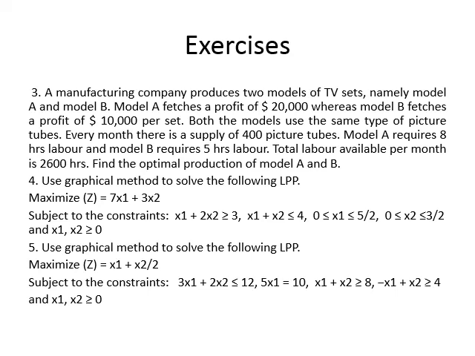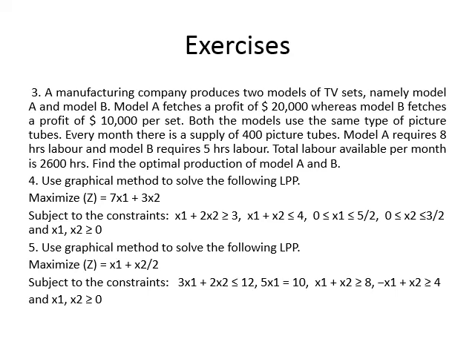Maximize Z equals 7x1 plus 3x2 subject to the constraints x1 plus 2x2 greater than or equal to 3, x1 plus x2 less than or equal to 4, 0 less than or equal to x1 less than or equal to 5 over 2, 0 less than or equal to x2 less than or equal to 3 over 2, and x1, x2 greater than or equal to 0.